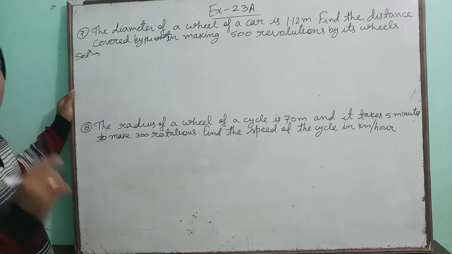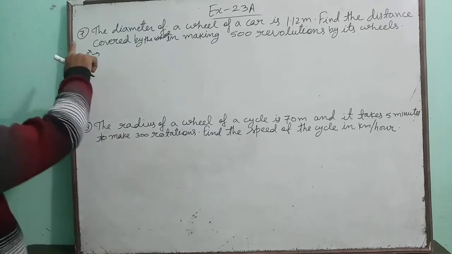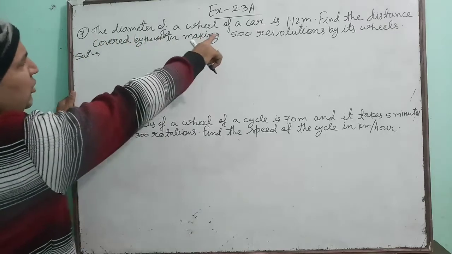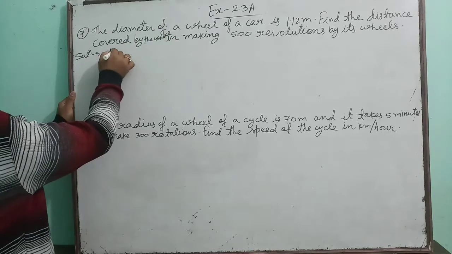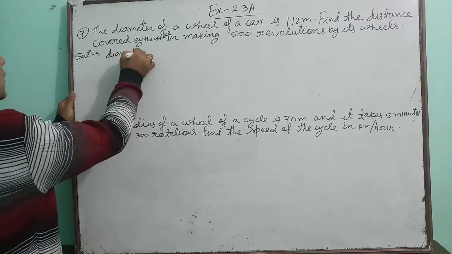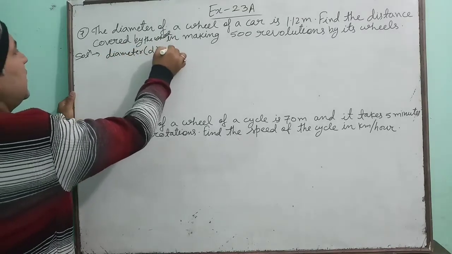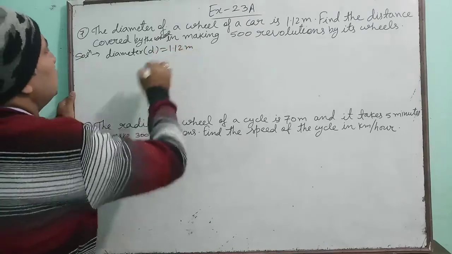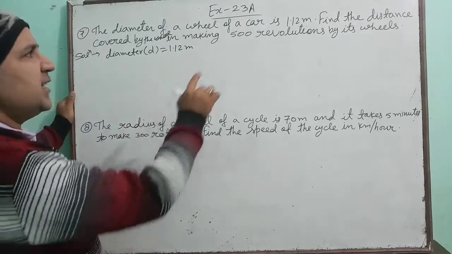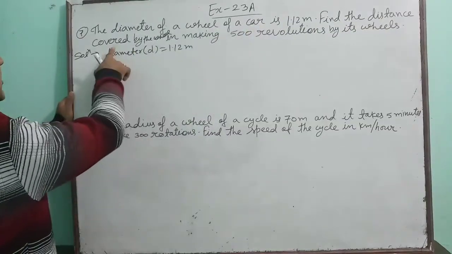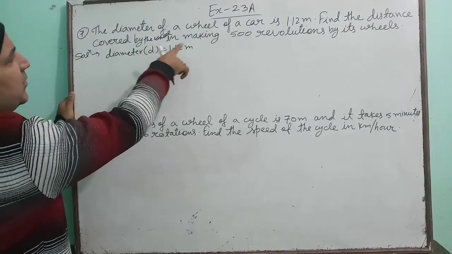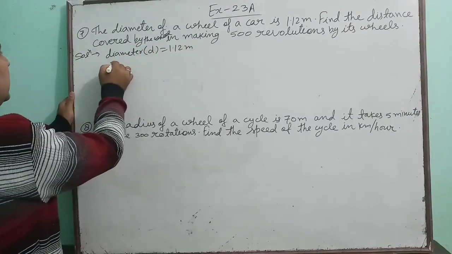This is question number 7 of your book. It is given that the diameter of a wheel is 1.12 meter. The question is asking, find the distance covered by the wheel in making 500 revolutions.